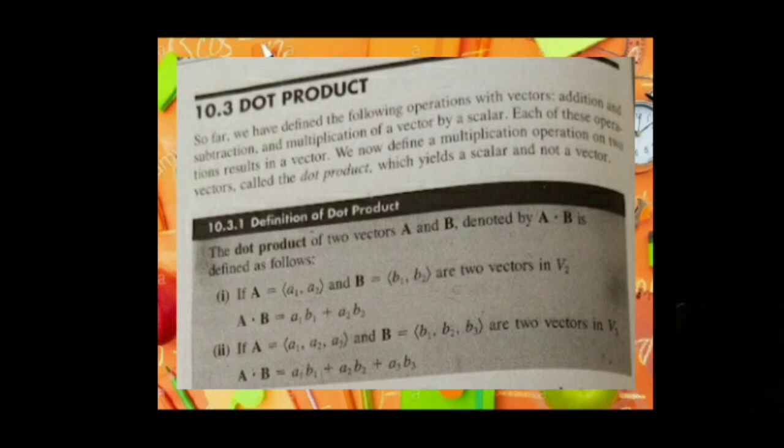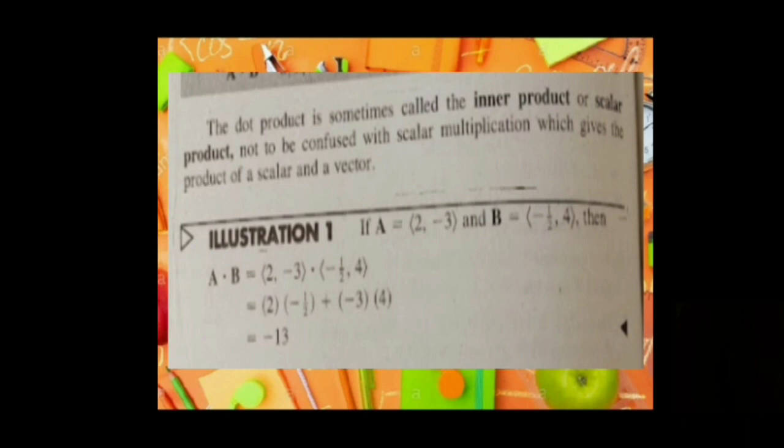If A = ⟨a1, a2, a3⟩ and B = ⟨b1, b2, b3⟩ are two vectors in V3, A · B = a1b1 + a2b2 + a3b3. The dot product is sometimes called the inner product or scalar product, not to be confused with scalar multiplication, which gives the product of a scalar and a vector.